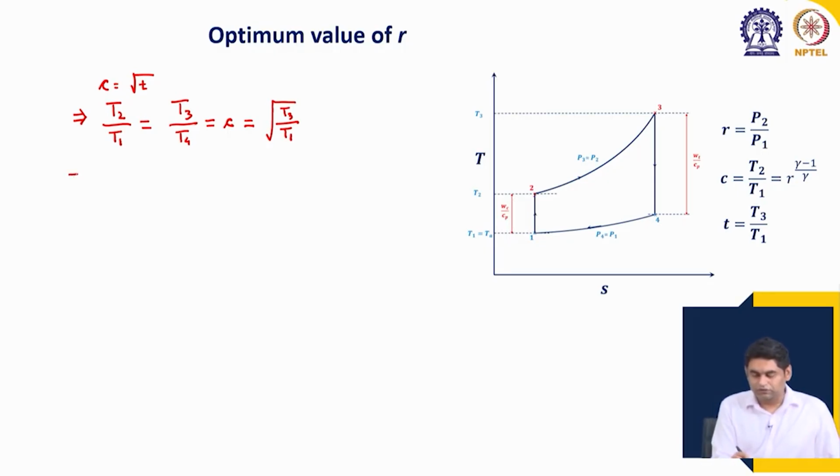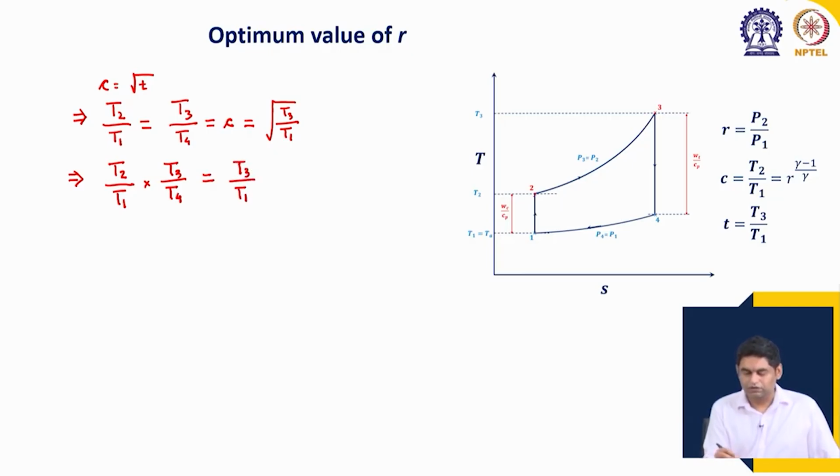So, from this now, if we multiply T 2 by T 1 with T 3 by T 4, so C into C, this should be equal to square of root T, which is T, which is equal to T 3 by T 1. So, T 1 and T 3 get cancelled from both the sides, and we are left with a very nice expression, T 2 equal to T 4.